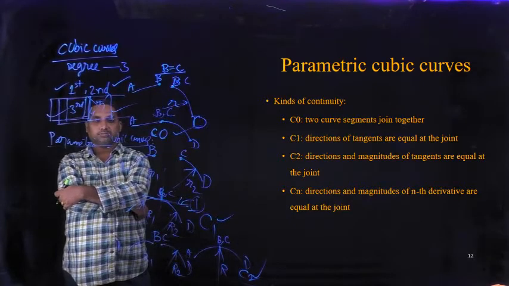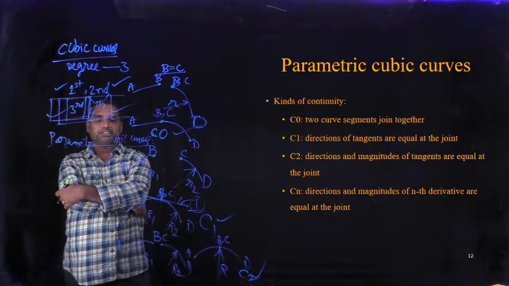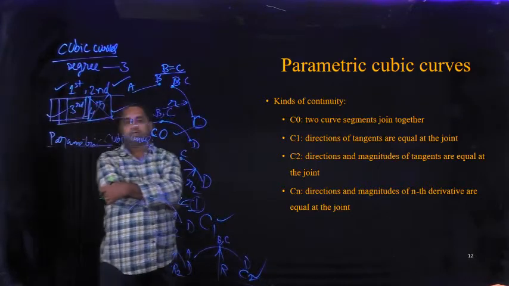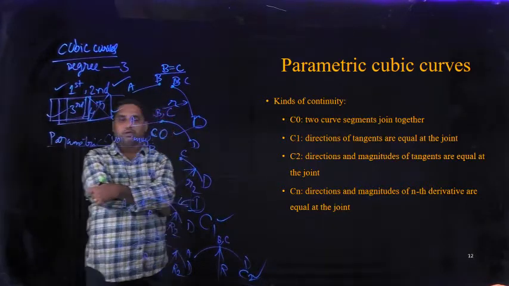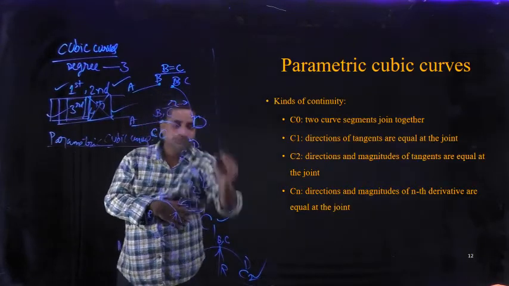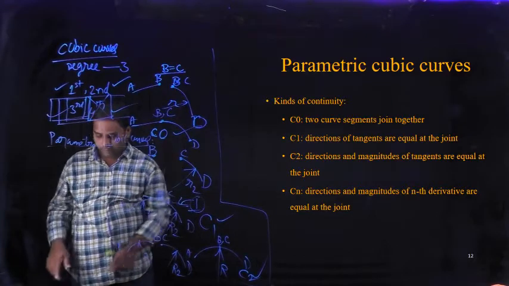Pieces, one curve, pieces are segments. Segmented curves, piecewise curves. And they are joining each other, hence we call these piecewise curves. So this is about the continuity concept.